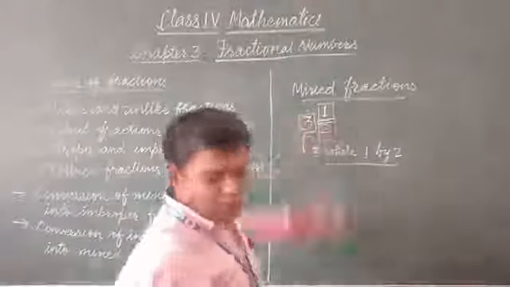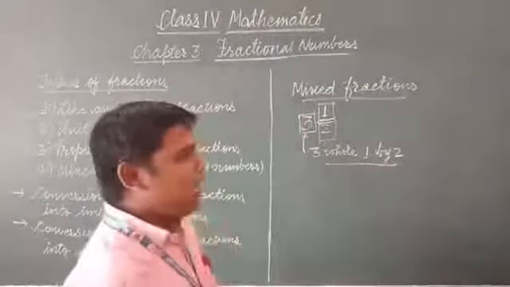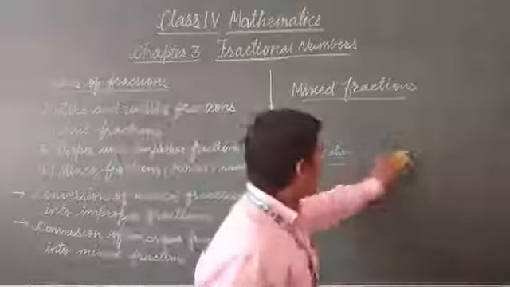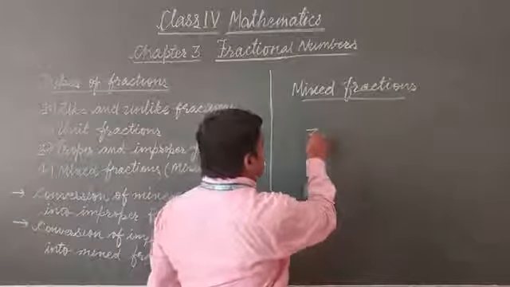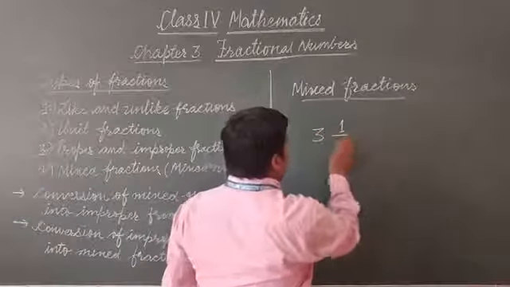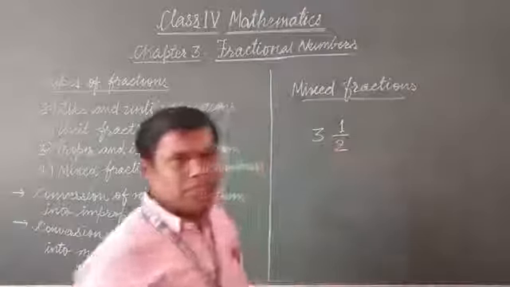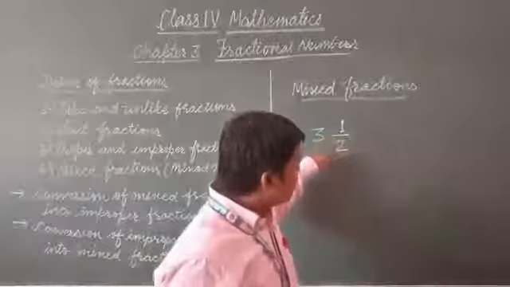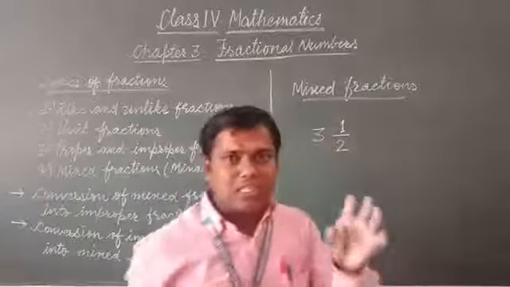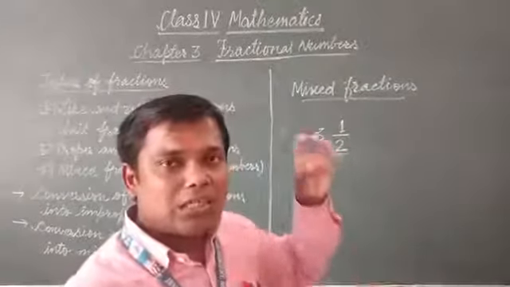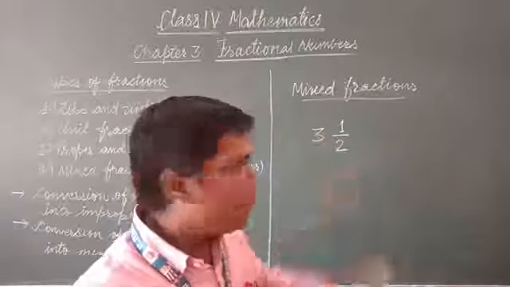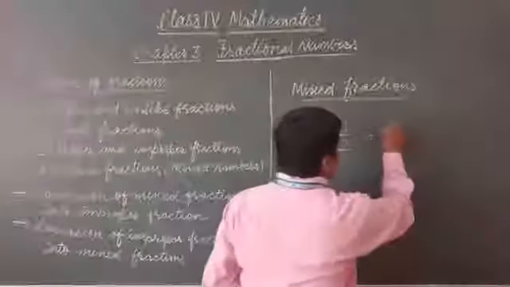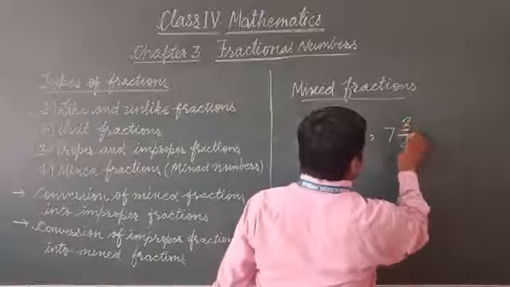So this type of fraction, where we have a combination of a whole number and a proper fraction, is called a mixed fraction. You see 1 by 2 is a proper fraction because 1 is smaller than 2, that is, the numerator is smaller than the denominator. Another example is 7 whole 3 by 4.